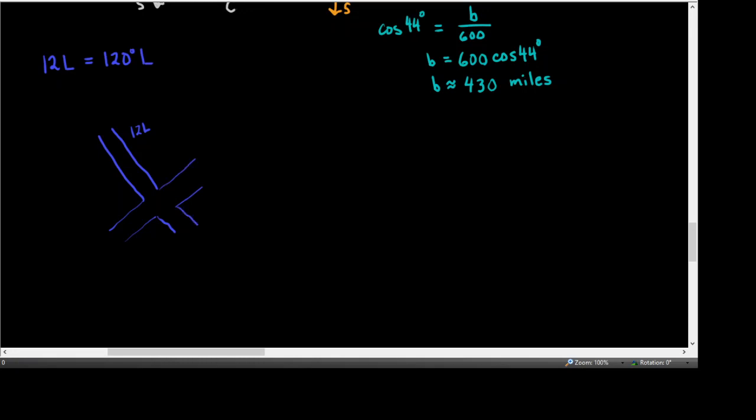And first of all, let's make sure we understand why it's 12L. So it's 120 degrees is the bearing. So if I were to measure from due north, my supposition is that should be 120 degrees. I don't know that it's drawn to scale. That's why I was kind of hesitating with my statements, because that's kind of close, I suppose.